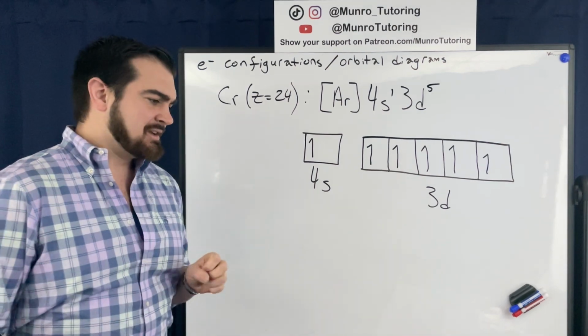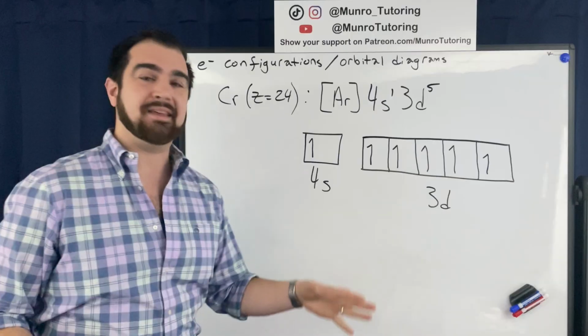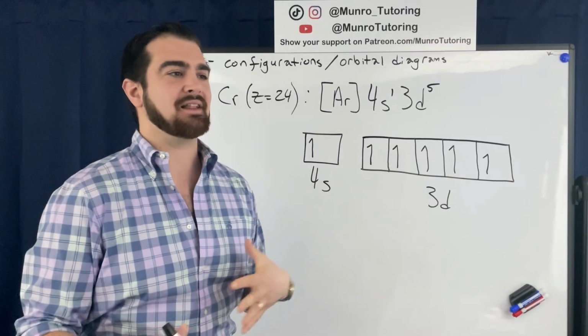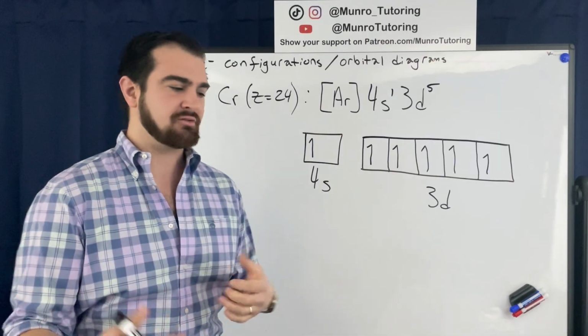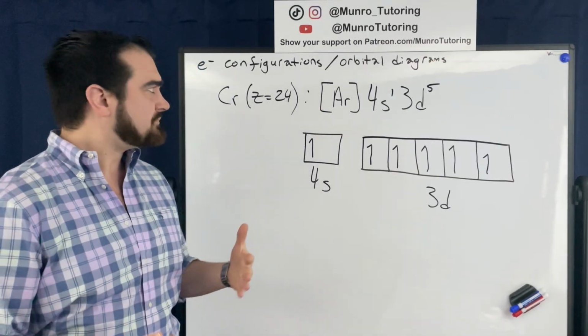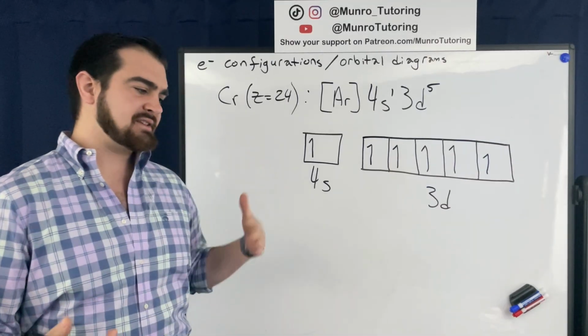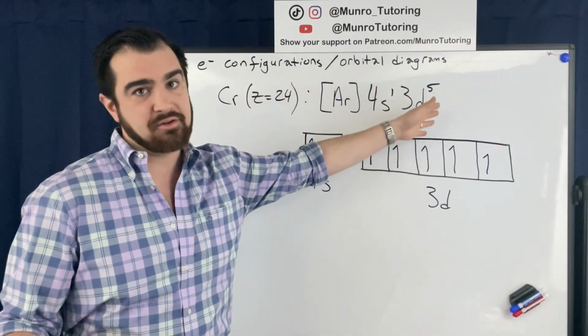All right, guys? So now it gets even stranger when you start bringing the f's involved, and it's a little harder to just predict the electron configurations based off of these simple rules. But just remember, you're only going to see this once in a while, like chromium and those elements, or like copper and those elements.